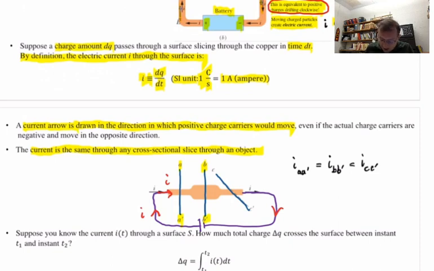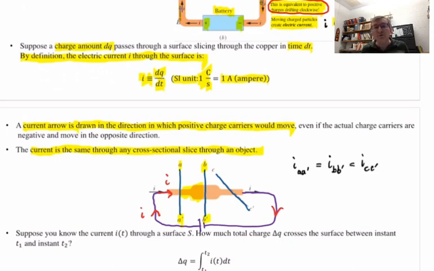Well, that means in this strip of the copper between AA prime and BB prime, in essence I have more charge in a given amount of time entering than I have leaving. And so there must be a traffic jam building up in that inner area. Charge must be piling up. But like charges exert repulsive forces on each other, so they're not going to let that happen.